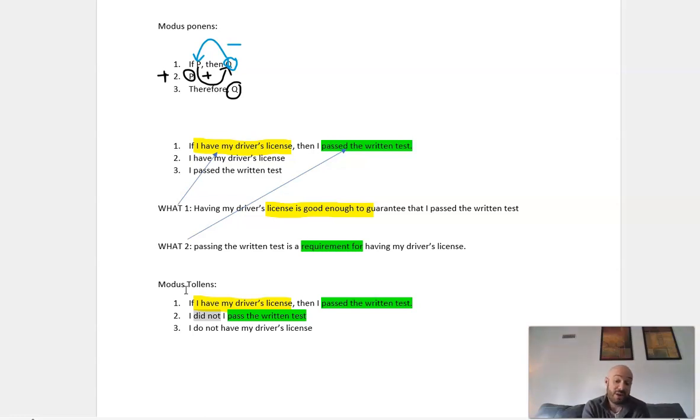Well, if that's true, then your necessary condition isn't genuine. However, if you can run a valid, or rather sound, modus tollens, then you've found a genuine necessary condition. But if you can negate the necessary condition in the modus tollens and you do not get a negation of the sufficient condition, then you do not have a sound or genuine necessary condition.